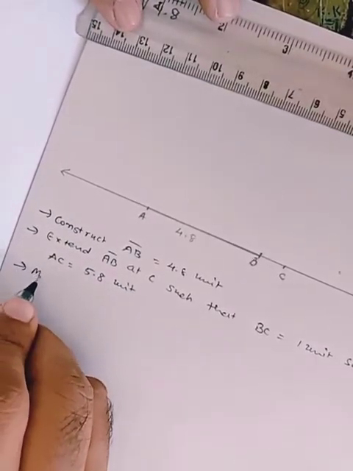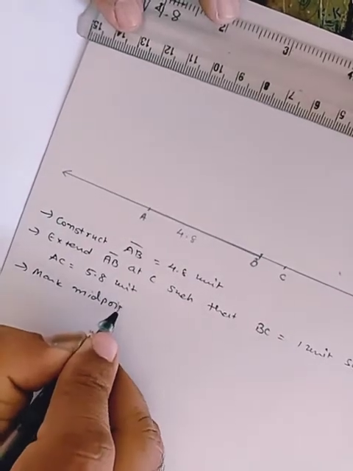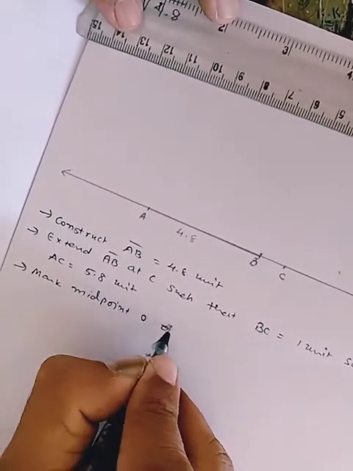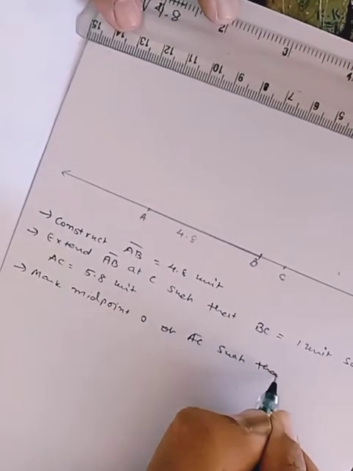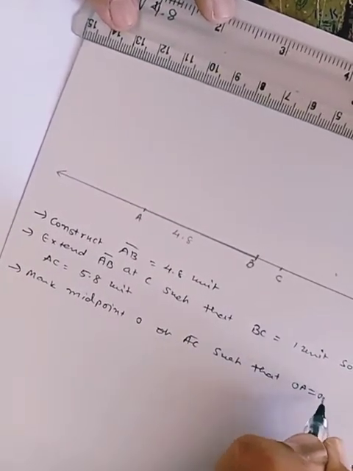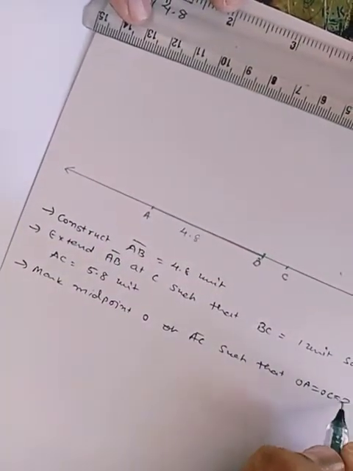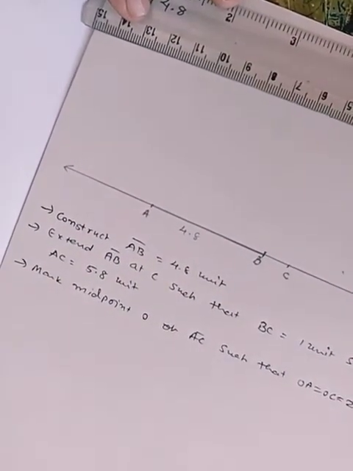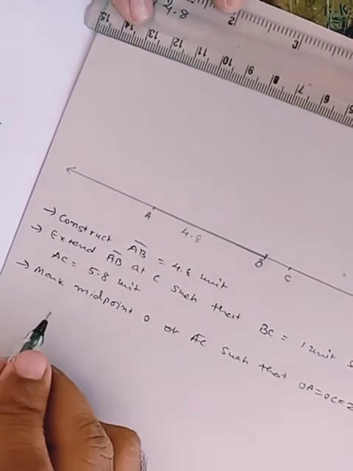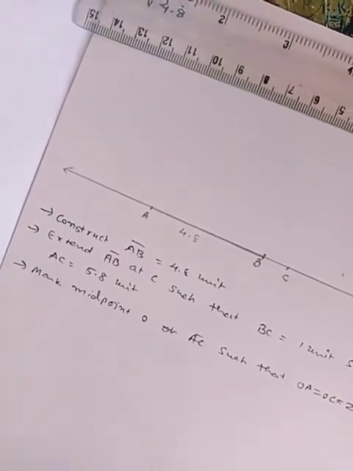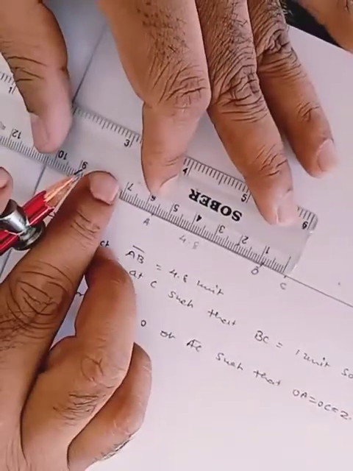Now mark the midpoint O of AC such that OA equals OC. Now half of 5.8 will be 2.9. So the OA and OC lengths will be 2.9, and so we will mark point O here at 2.9 length.